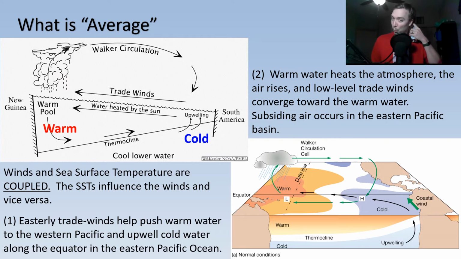And then we see that Walker cell circulation of warmer air and larger storms over the South Pacific and off the coast of Australia and New Guinea. And then that is circulating to those colder air parcels, which are off the coast of South America and Latin America.